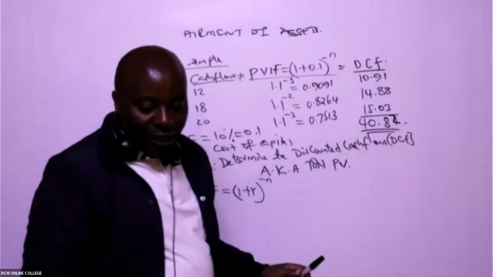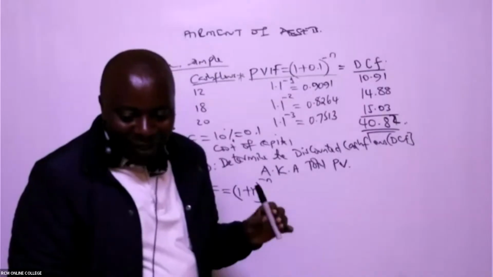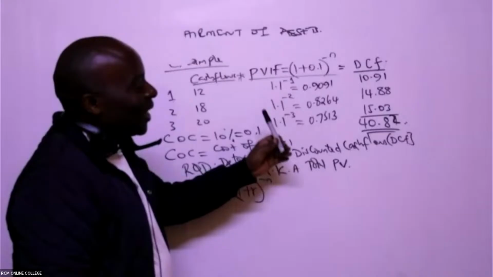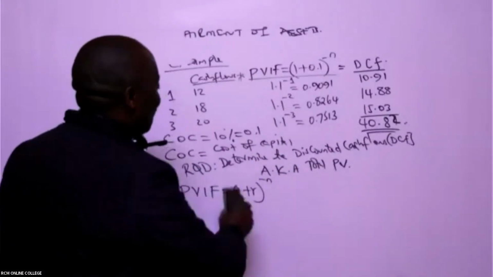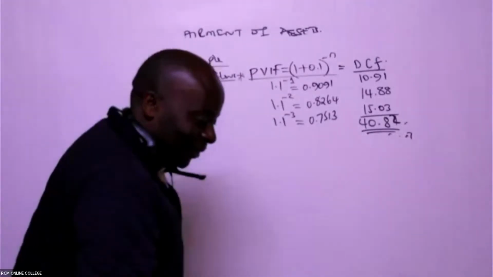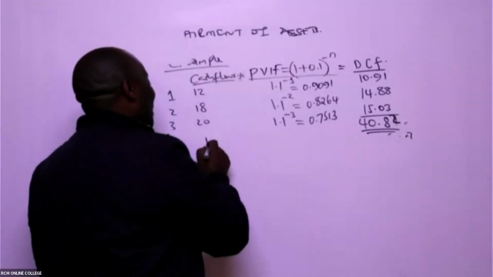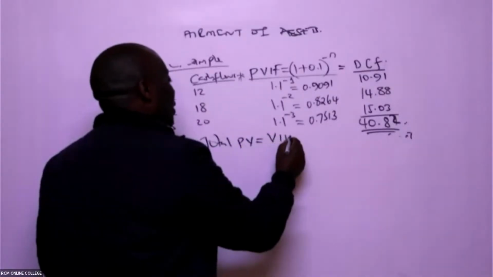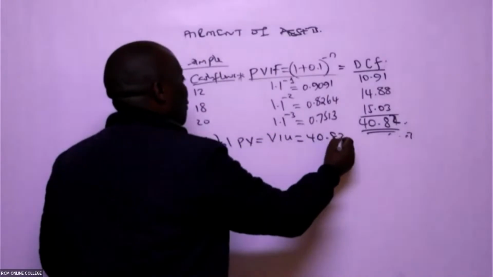Basically, this will be our value in use. This total discounted cash flow, the total PV, is the same as value in use, 40.82.